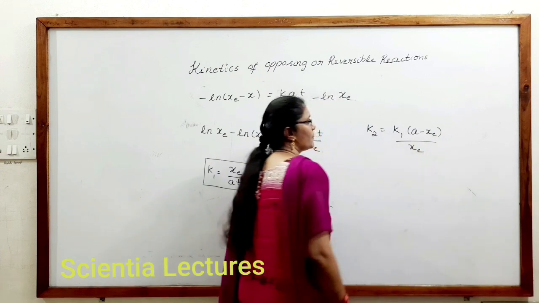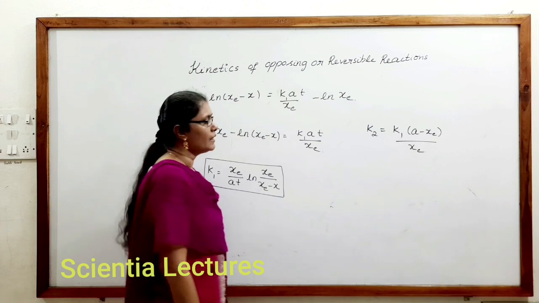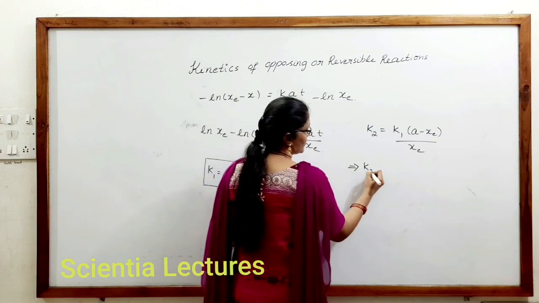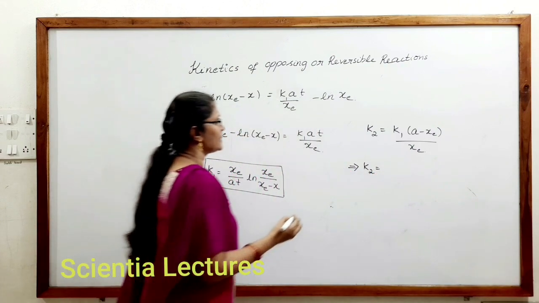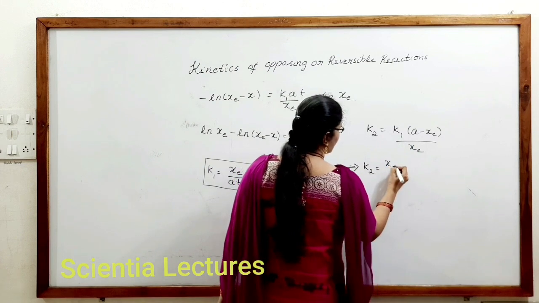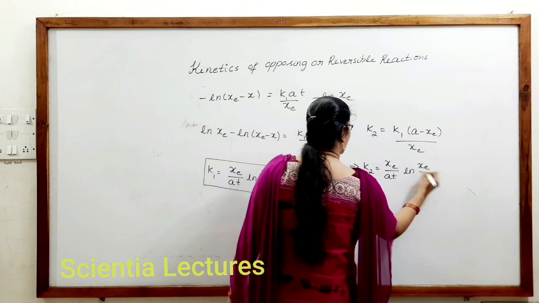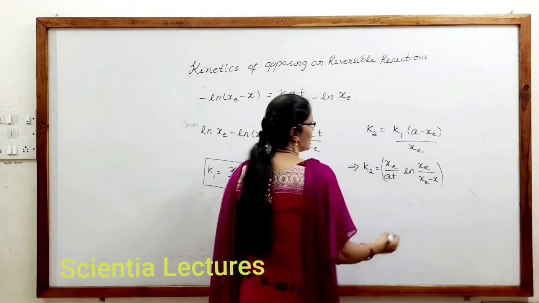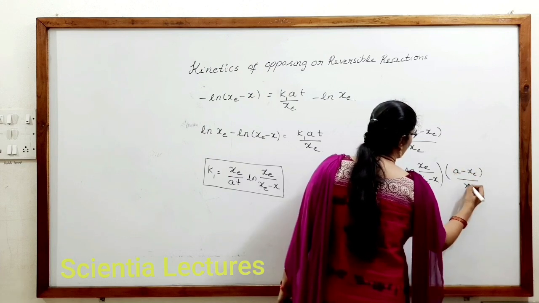Do you remember that? So k2 must be equal to, instead of k1, you can write xe by at ln xe by xe minus x into a minus xe by xe.